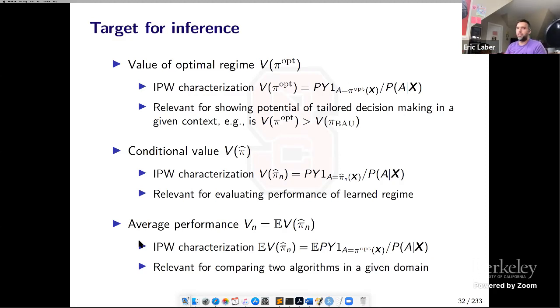And so you might say, should I use one particular algorithm, let's say some kind of policy search versus Q-learning or something in a domain? And you want to compare those two things. You might look at the average performance and see which one tends to be better on average. That would be a reason. So it's often for comparing two algorithms, if that answers your question.